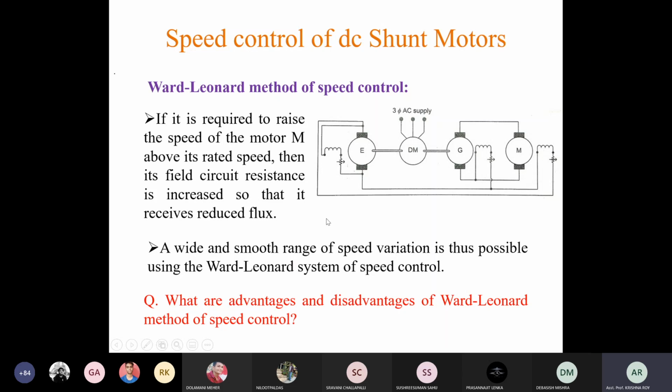So note down this question: what are the advantages and disadvantages of this method, that is the Ward Leonard method of speed control? Can you tell me one disadvantage right now? It is very obvious. By seeing this schematic diagram, you will be able to say.